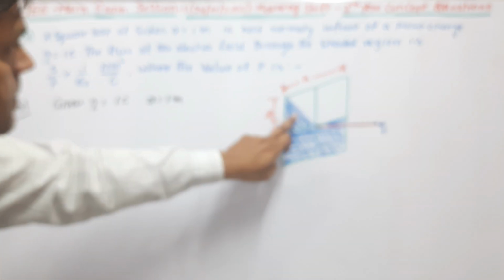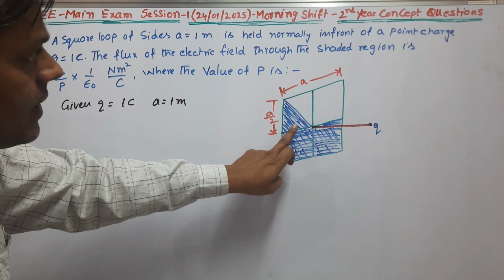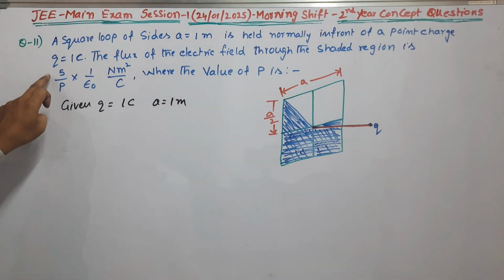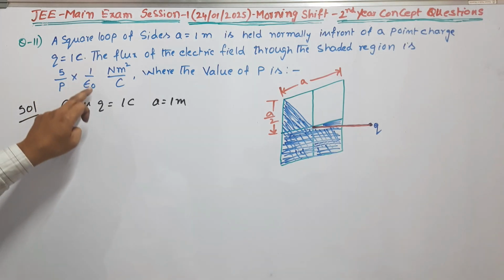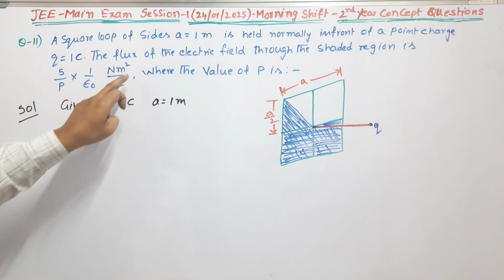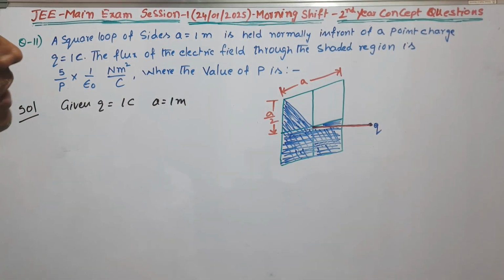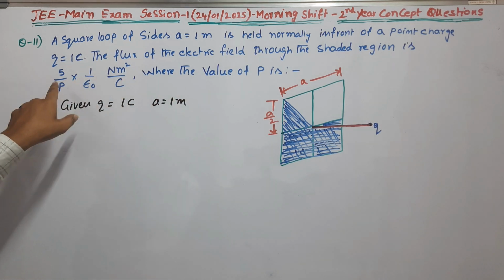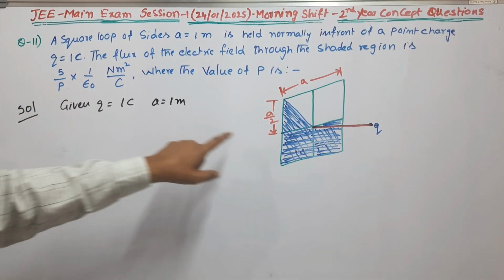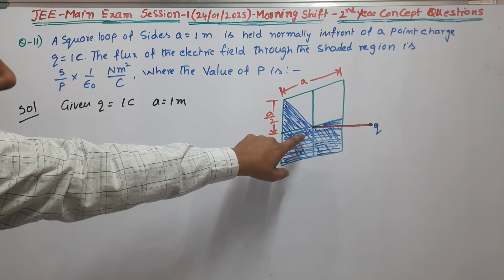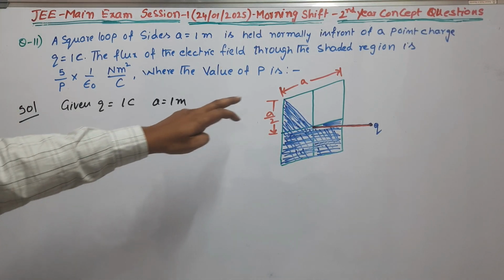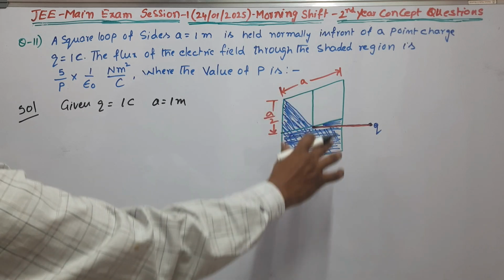The flux of the electric field through the shaded region is equal to 5 by P into 1 by epsilon naught Newton meter square per coulomb, where the value of P is. Okay. How to calculate the value of P by using this given figure? To see here, this is a square loop, isn't it?